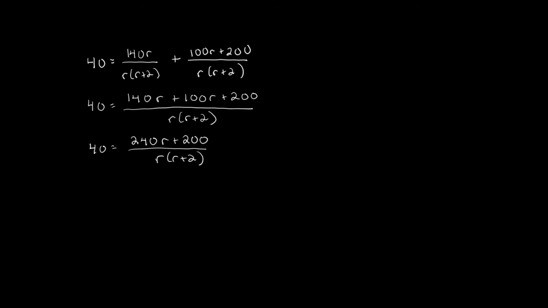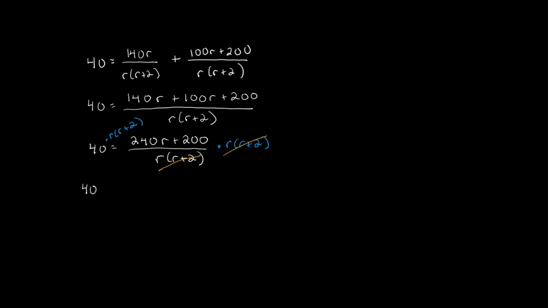And then once I'm in this place where I have a single fraction instead of multiple fractions, here is where I would multiply both sides, because you're a lot less likely to make a mistake here. So I'm just going to multiply both sides by the denominator, and that will allow us to just cancel out the denominator there on the right.